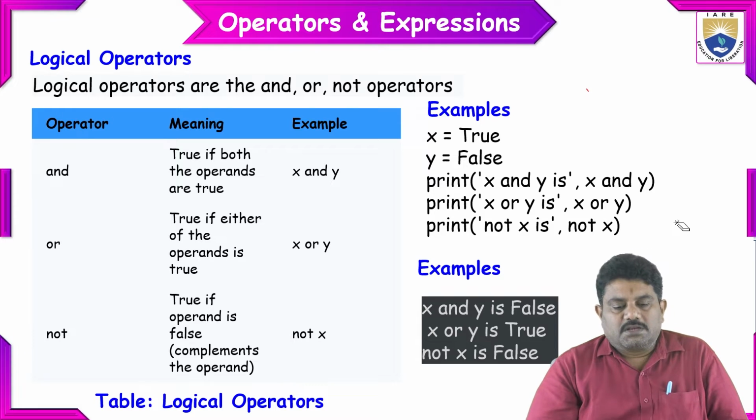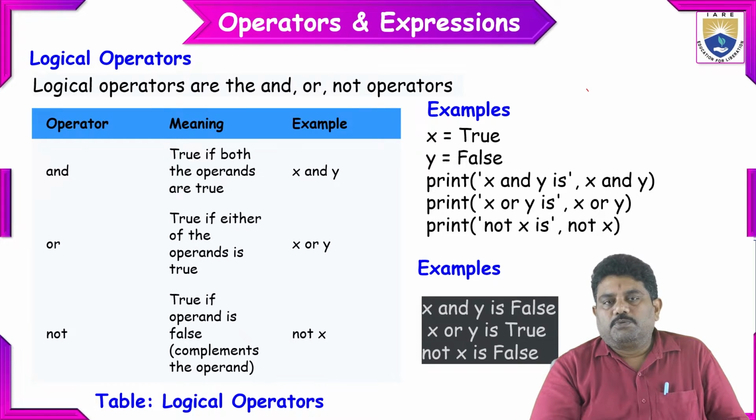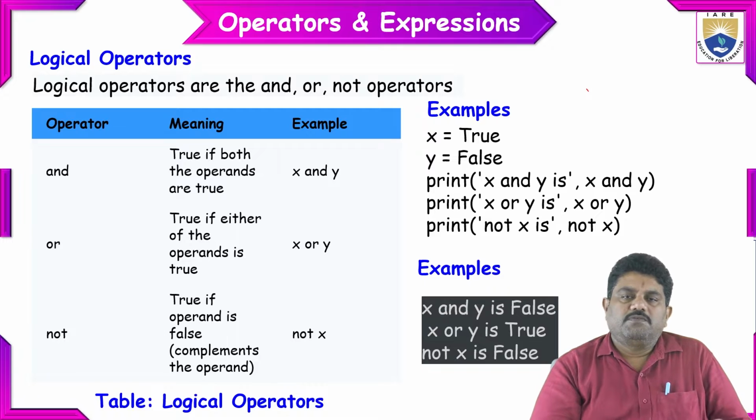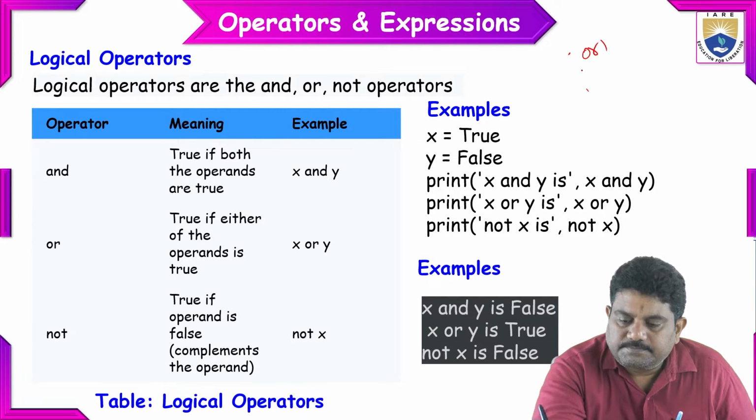For logical OR, similarly, if you take two operands, if any one is true, then the output becomes true. Otherwise, the output becomes false. So if you take OR with P1, P2, and then the result: true, true.